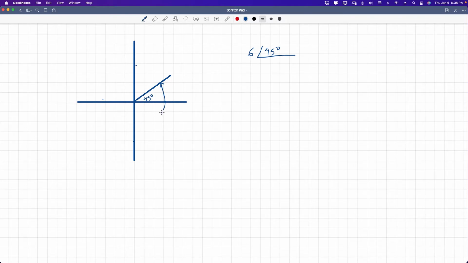If I measured it all the way around the other direction, what do you think that would be? It would be 90, 180, 270, plus 45, so that'd be 315. It'd be a negative 315.